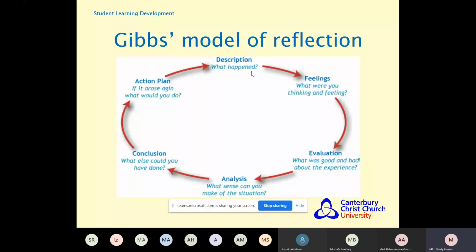Analysis, what sense can you make of the situation? Conclusion, what else could you have done? Action plan, if it arose again, what would you do? You have to cover these points while writing a reflection.